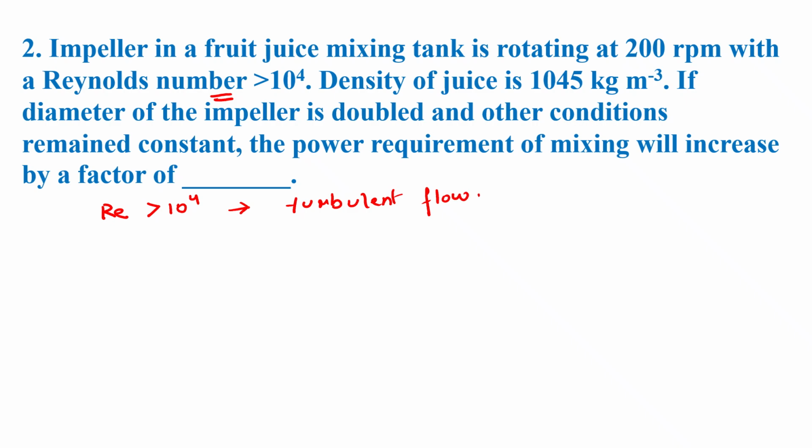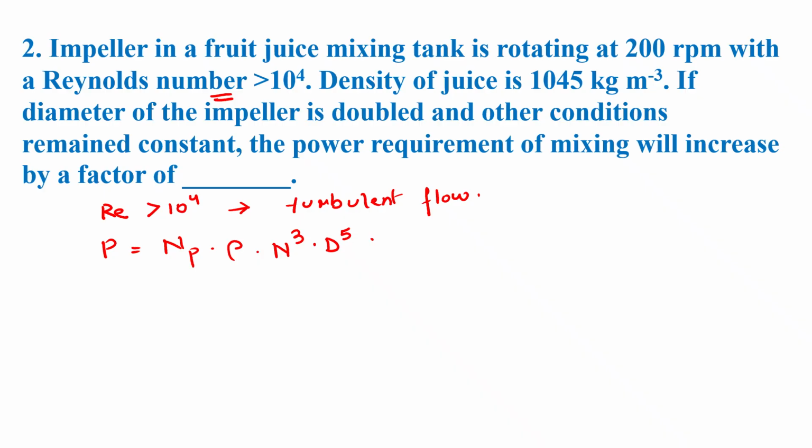Now the power required to rotate the impeller is given by P equals NP rho N cube D to the power 5, where NP is my power number, which is constant for turbulent flow.